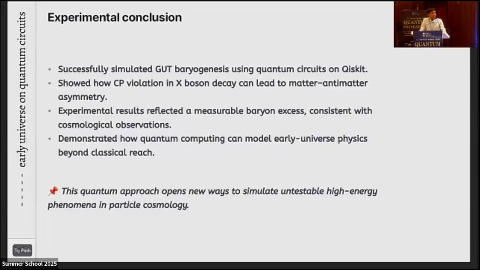So that is the conclusion you can read here, but I want to give my personal conclusion. We don't need a huge amount of money, like billions of dollars, to create actual particle accelerators like CERN and Fermilab.